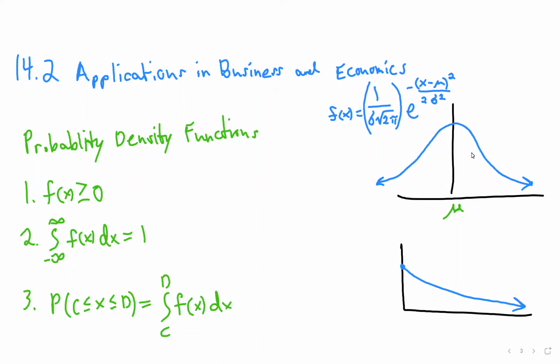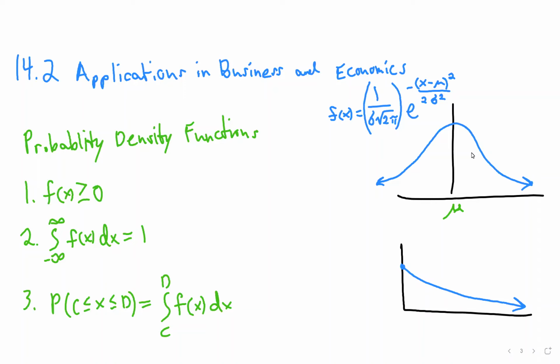So if you were going from c to d, some probability of having an instance c being less than your test case, which is then also less than some value d, then that integral from c to d of f of x dx is the probability of that actually occurring. And so it'd be some value between 0 and 1, and it would give you the result as to what the probability of it occurring would be.